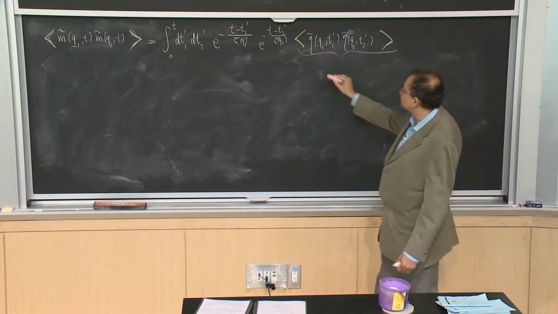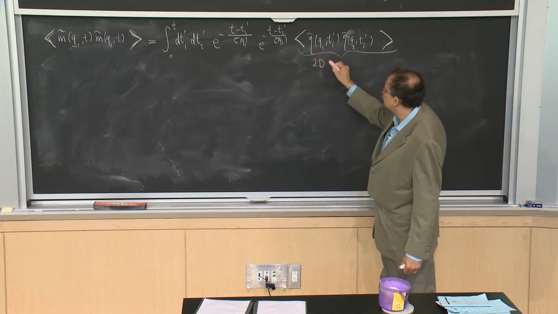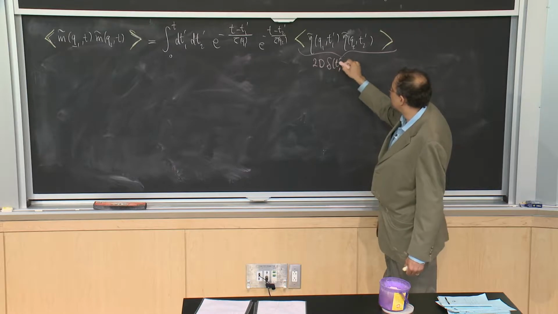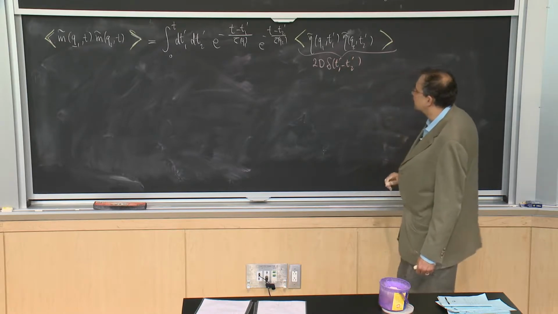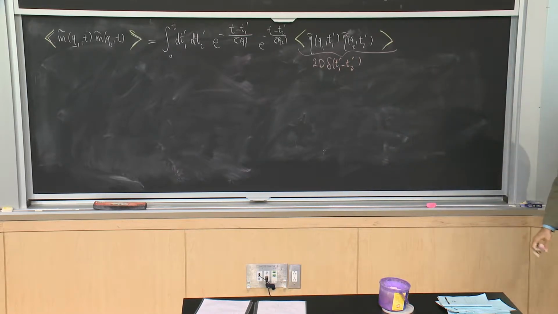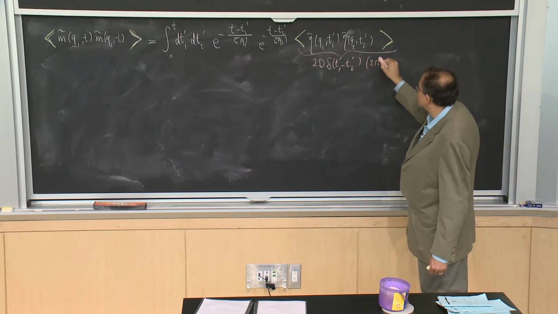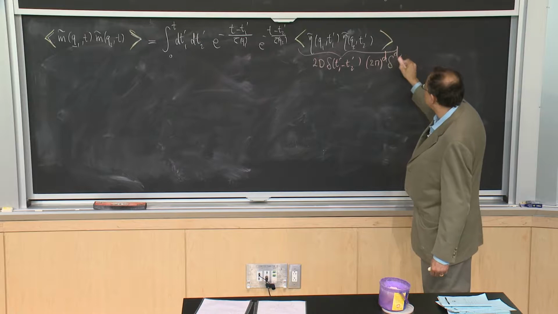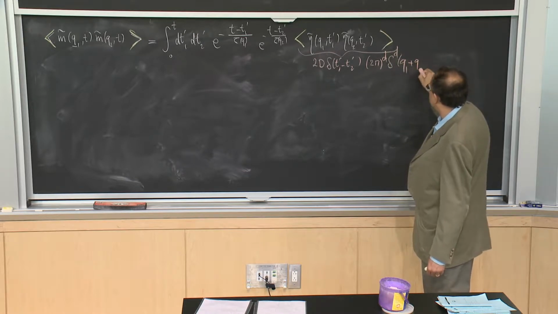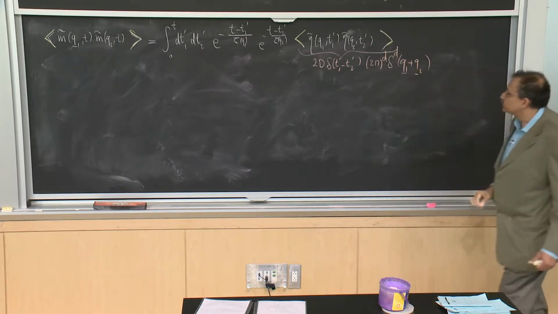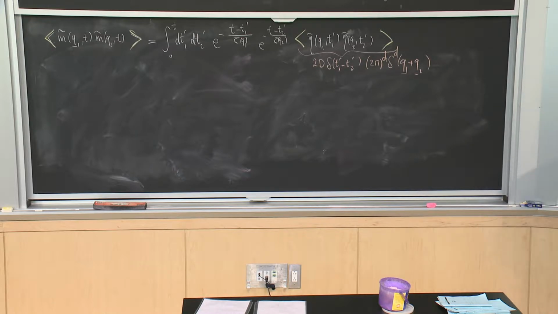And so the variance of this quantity is 2d delta t1 prime minus t2 prime. And then you have the analog of the delta function in Q space, which always carries this additional factor of 2 pi to the d, and it becomes a sum of the Q's, as we've seen many times before.